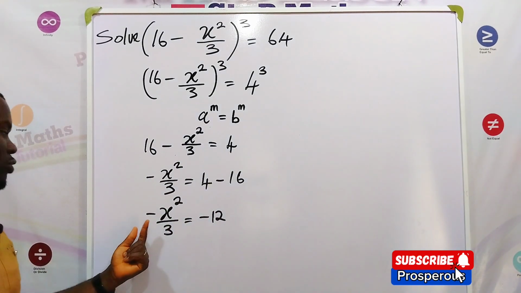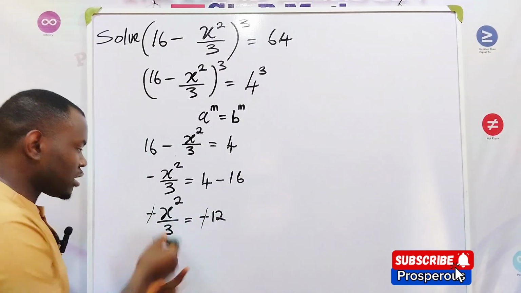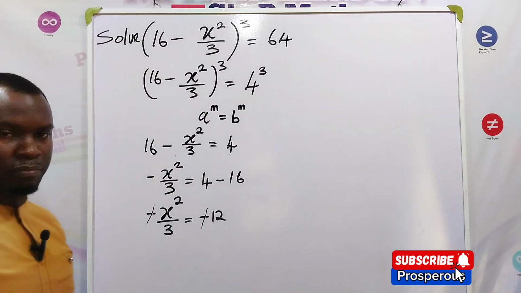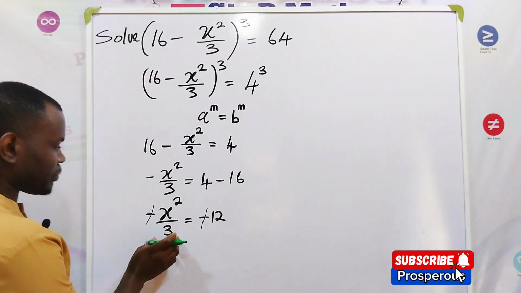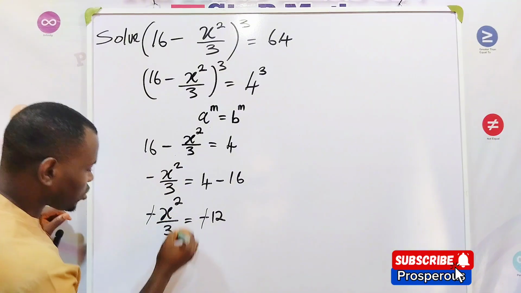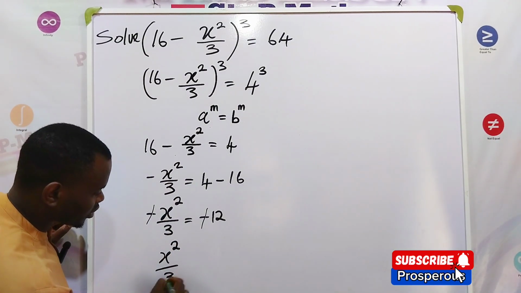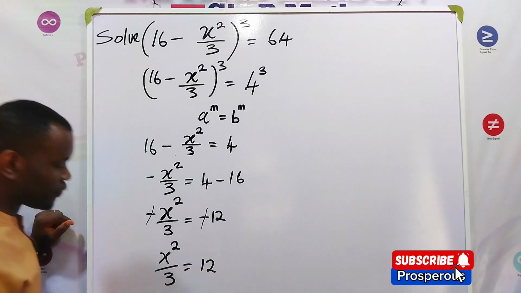Now, because we have a negative here and a negative here, we can cancel them out, because when you divide both sides by a negative number, or multiply both sides by a negative number, both of them will become positive. So we now have x squared over 3 equals 12.